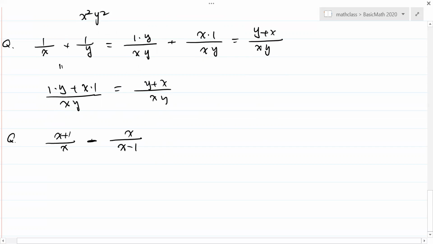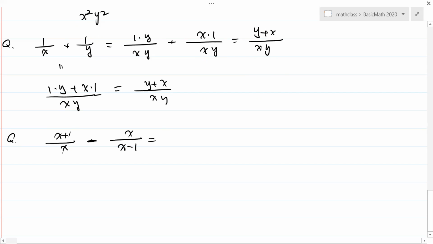It will be up to you whether you use a formula directly or try to make them have a common denominator. So then you simplify. Okay, so look at those two fractional expressions. One denominator is x, the other denominator is x minus 1. So they're different. So how do you make them have a common denominator?